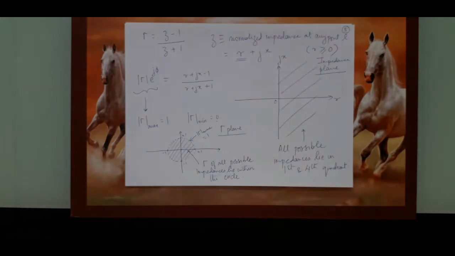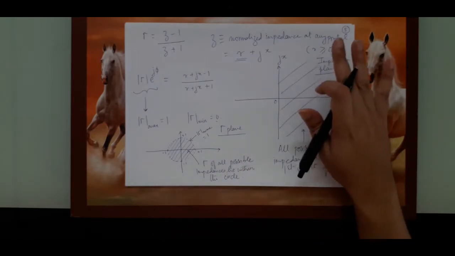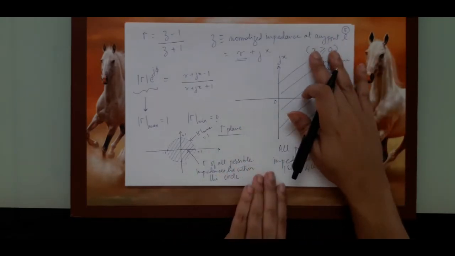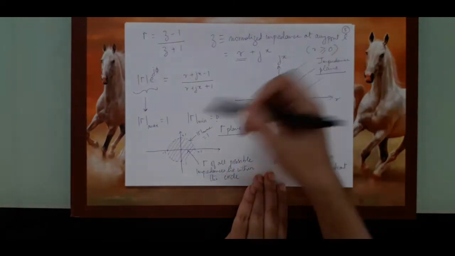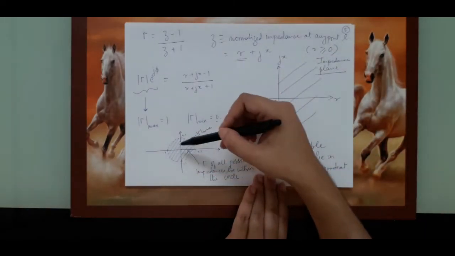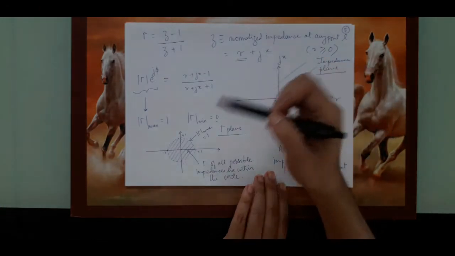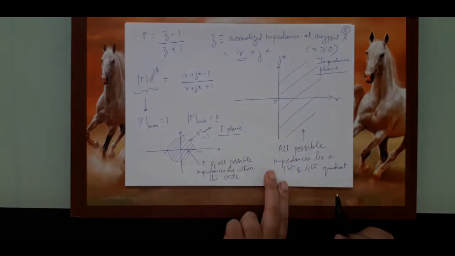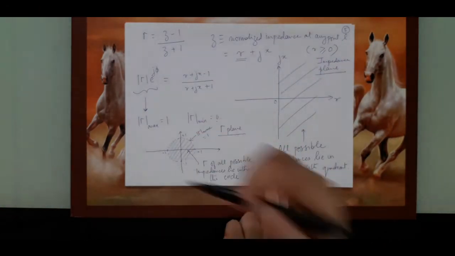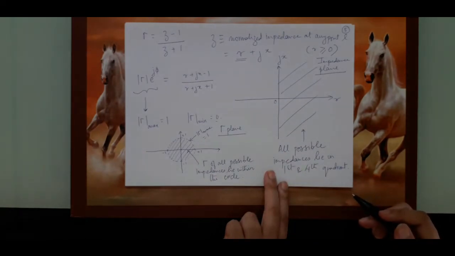Whatever be the value of the impedance, as long as the R is positive, we have proved that the gamma values will lie between 0 and 1. So graphically, it will lie inside this unit circle.